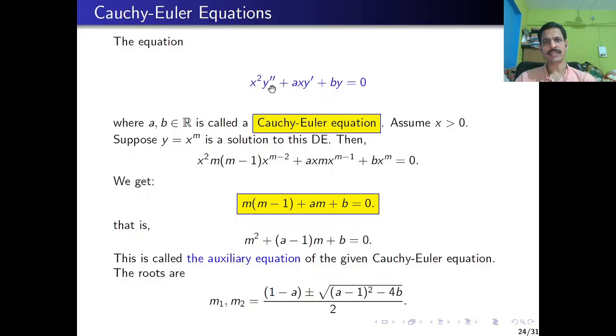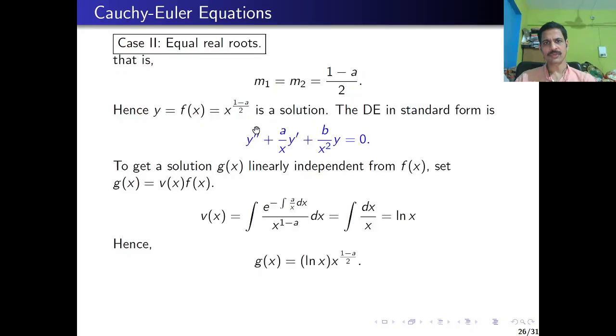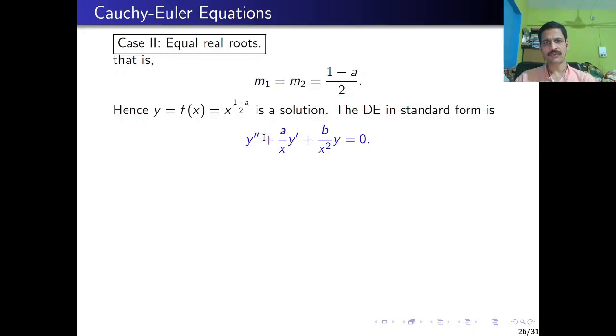It will look like y double prime plus a divided by x y prime plus b divided by x square y is equal to 0. This is in the standard form. From this we get p(x) to be equal to a by x.